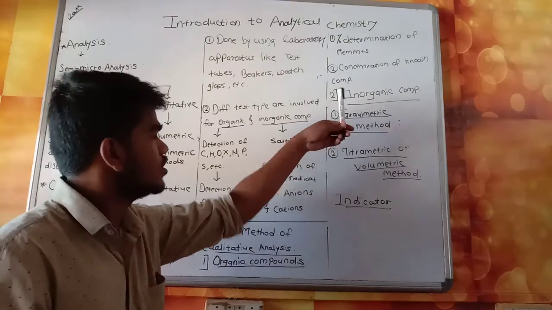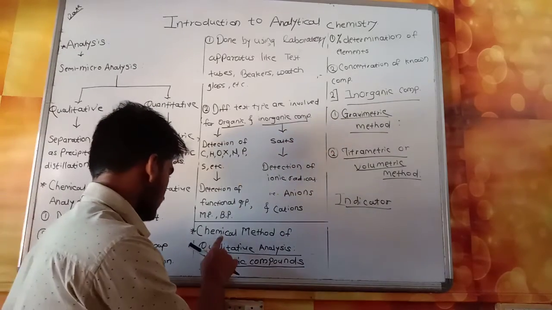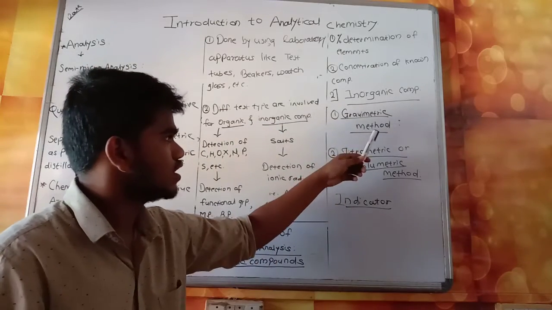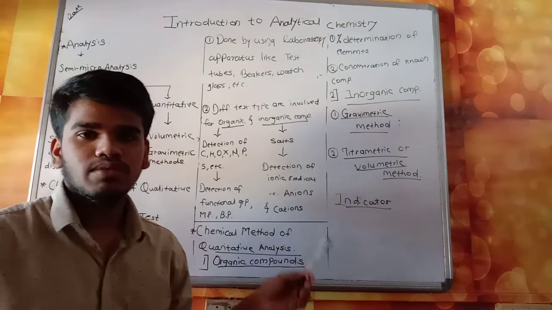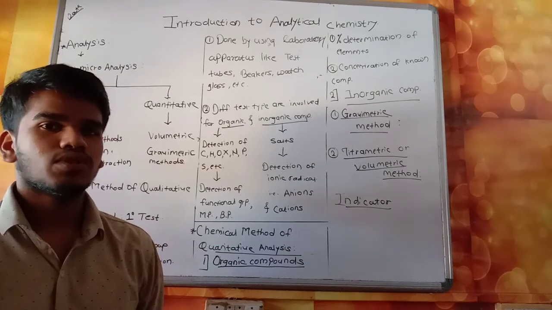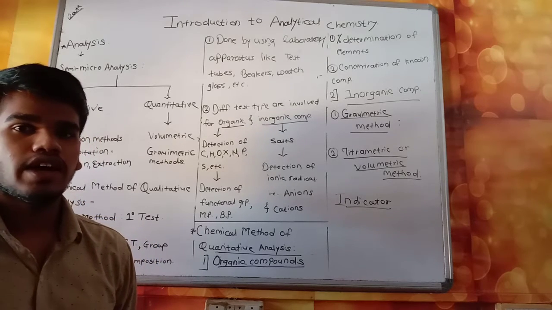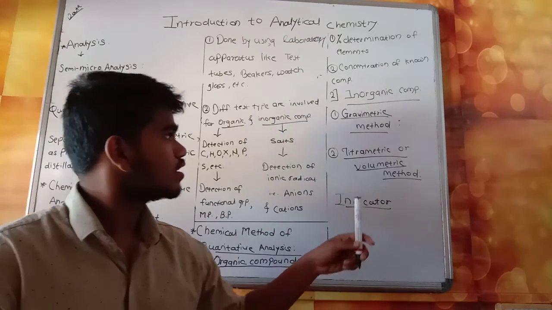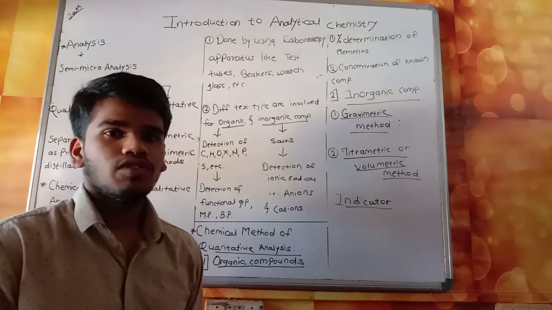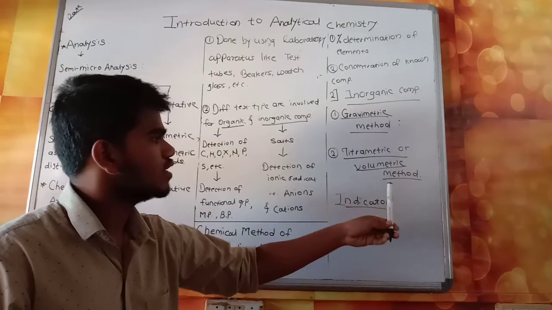Second, for inorganic compounds, quantitative analysis involves two methods. First, the gravimetric method, also known as the decomposition method, where the sample under testing is heated, its constituent elements get separated and their weight is measured. Second, the titrometric or volumetric method.